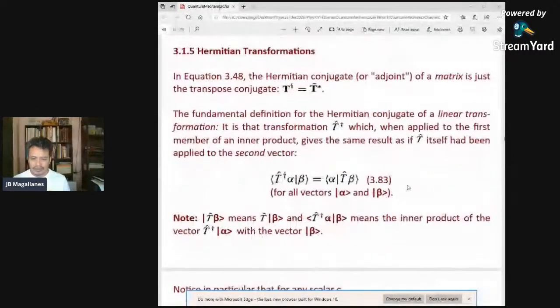So we now go to Hermitian transformation. There are transformations. We know that we can transform a vector, but is that transformation Hermitian?